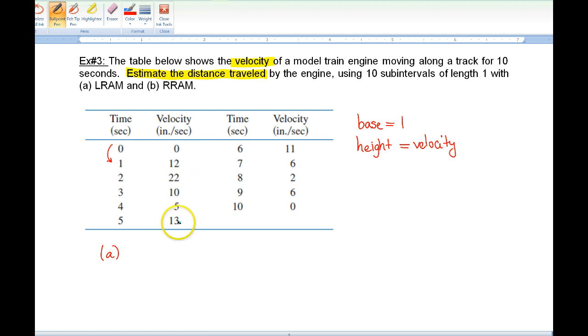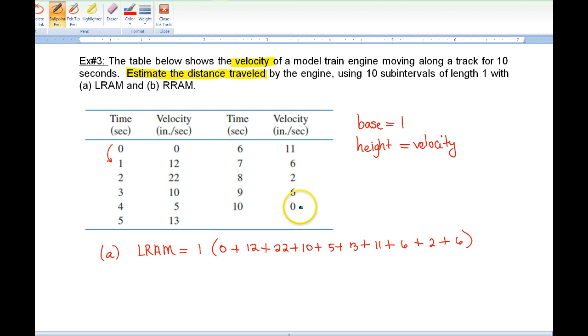So if we look at these last columns, for LRAM, I'm just going to put the 1 out in front so you remember, because it's going to be base times height plus base times height plus base times height. So we are going to use the 0. We're going to use the 12, 22, 10, the 5, the 13, 11, 6, plus 2, plus 6. I'm going to stop there.